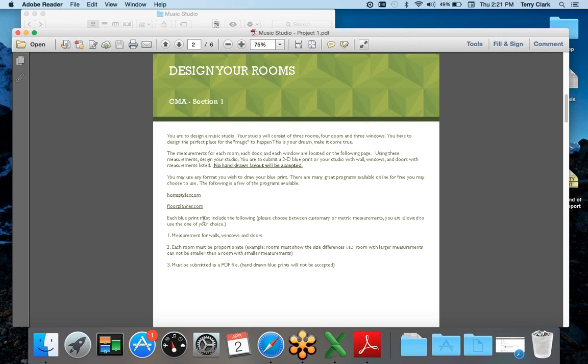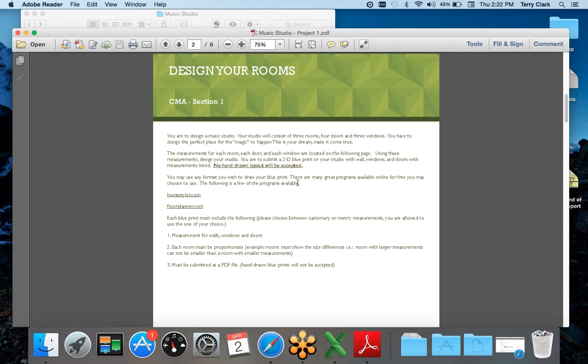So the measurements and the room sizes, or the visual, have got to be realistic. You can't say a room is this size measurement-wise, and then it's way bigger than a room that's supposed to be bigger than it measurement-wise. And at the end it says it must be submitted as a PDF file. So it's got to come as a PDF.